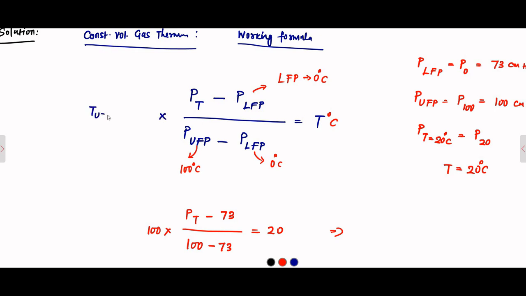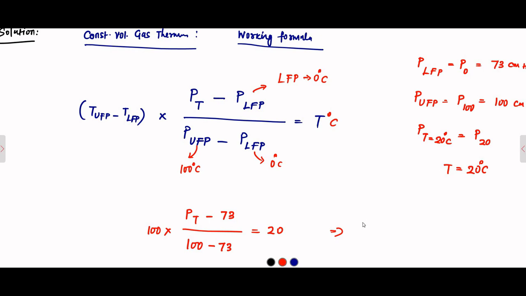Upper fixed point minus lower fixed point, so for degrees Celsius it is 100 minus 0. So here we multiply by 100 degrees Celsius minus 0.